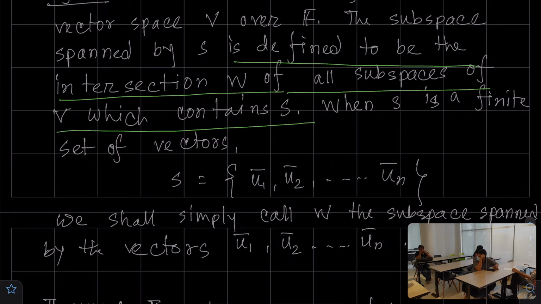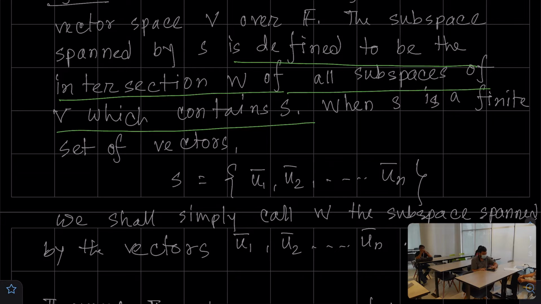So you are right that the subset that we are choosing does not have to have a vector space structure. It can be any subset, and it may fail to be a vector space. But now we want to construct a vector space out of the vectors from that set. We define the span to be the smallest subspace that contains all the vectors of the subset, and that is the reason we take the intersection of those subspaces.